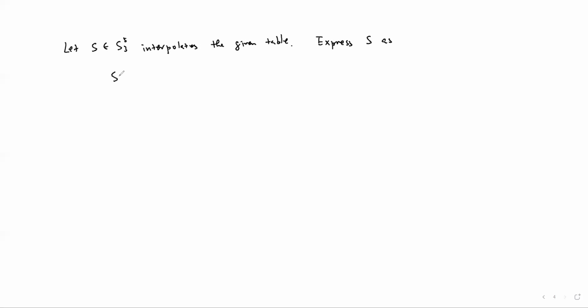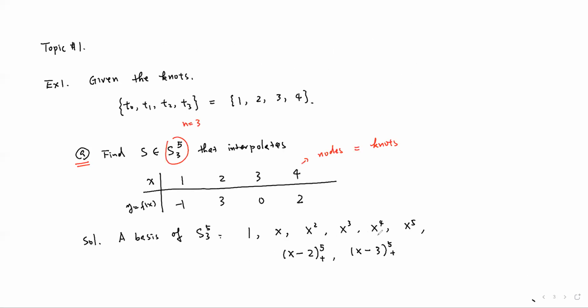Now I express S as A0 times 1, A1 times x, A2 times x squared, A3 x to the third, A4 x4, A5 x5, a linear combination of these functions, and then plus some number times this function plus some number times this function.